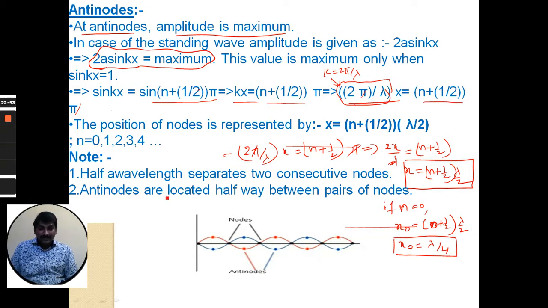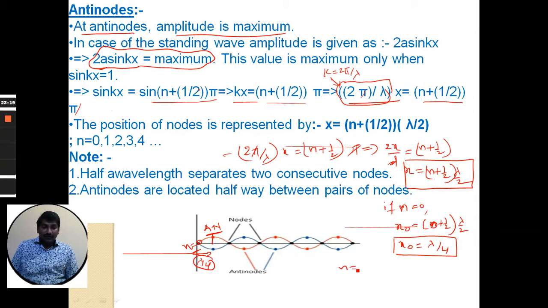Where, if you see in this diagram, x equal to 0 position is here. From here the first antinode forms here. So this distance from node to antinode we simply call lambda by 4. Got it? This is for the first one.